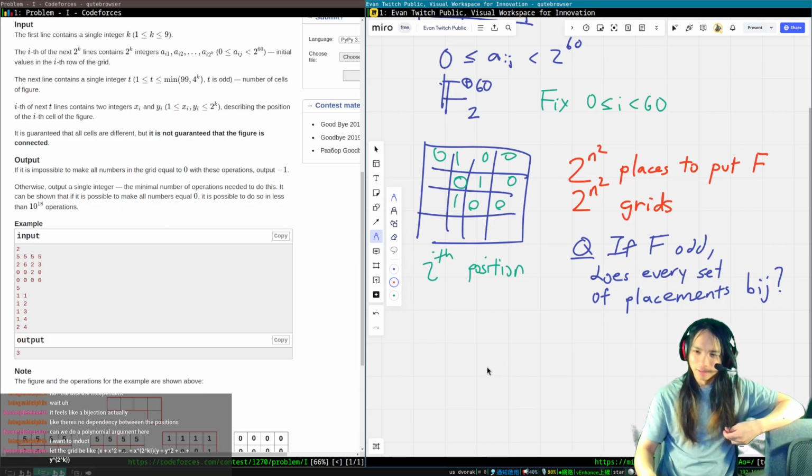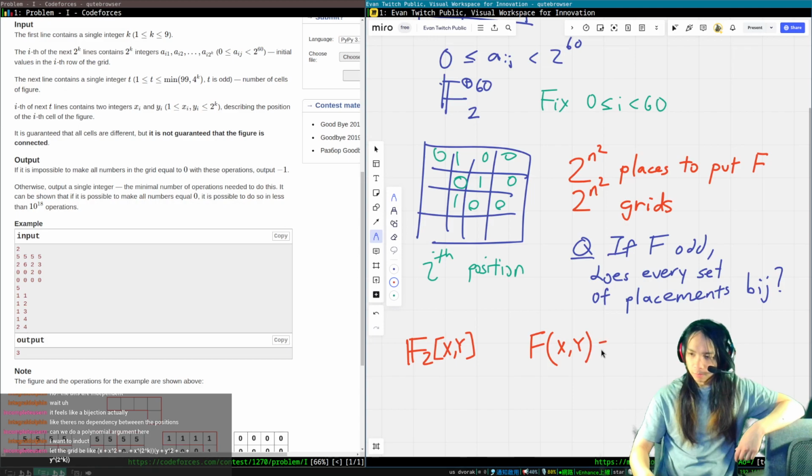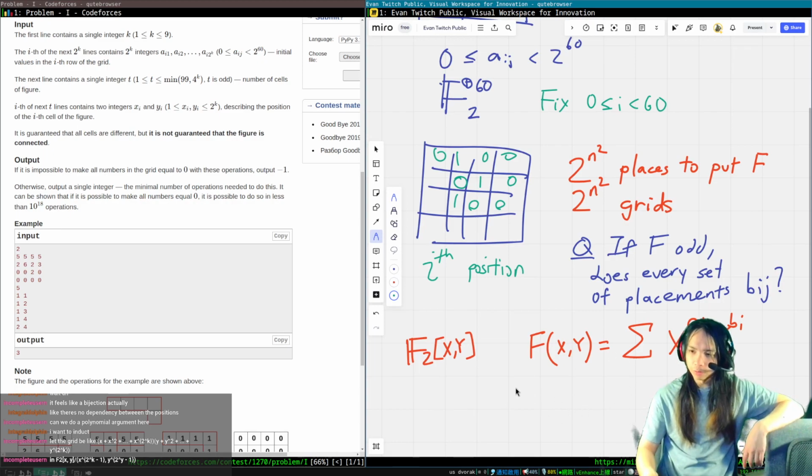Okay, we're going to use generating functions. In F_2[x, y], I have this f, which is the sum of an odd number of things of the form x^{a_i} y^{b_i}, and the assertion is that everything mod 2, like f times some choice of placements, should be equal to 1 plus x.